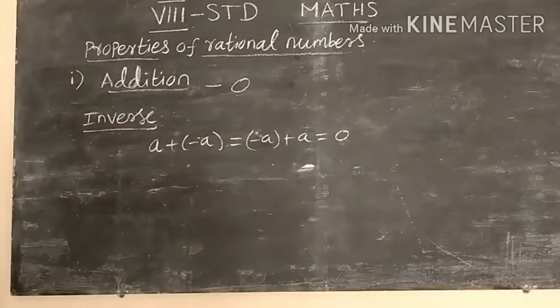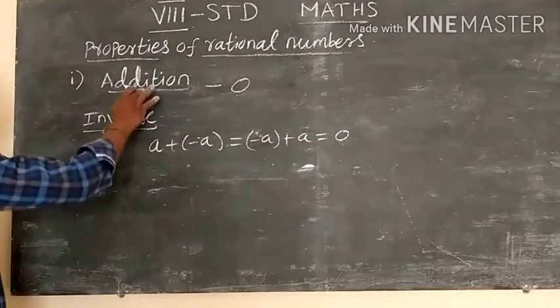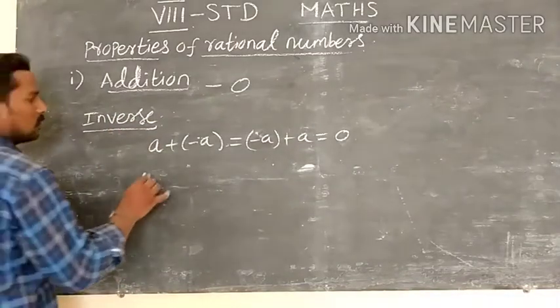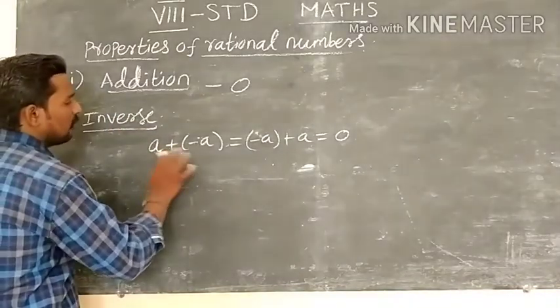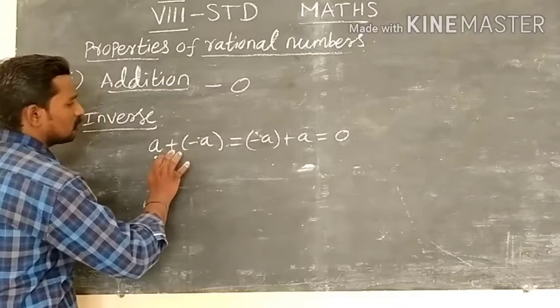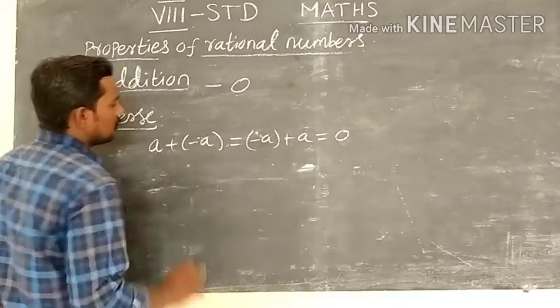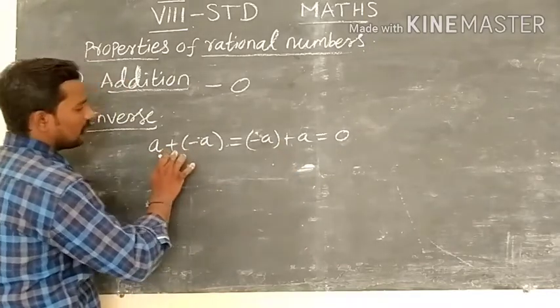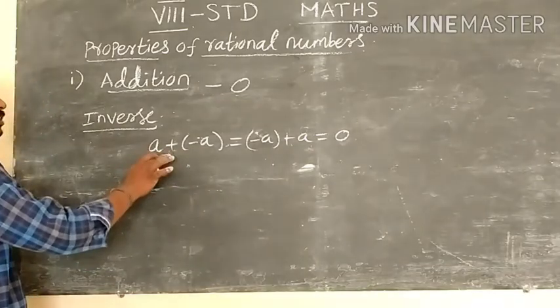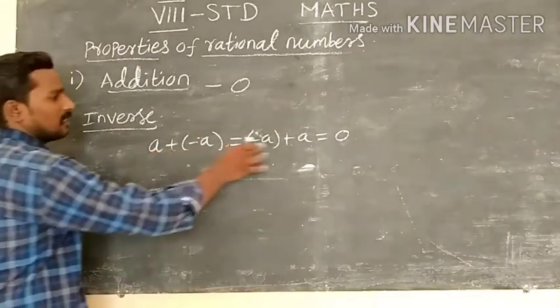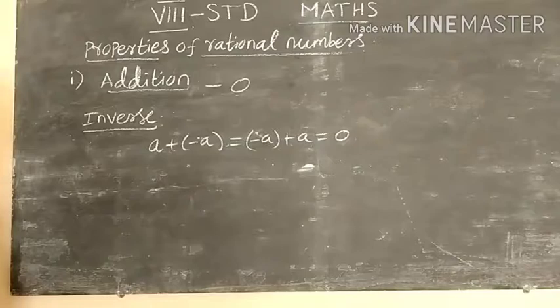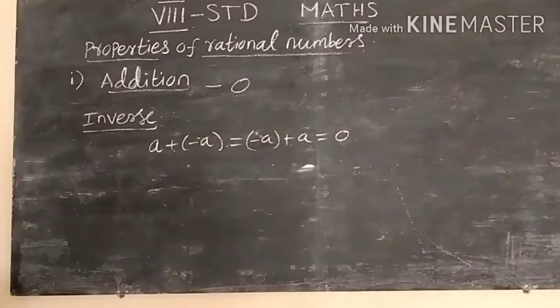This is your inverse property under addition. Addition means between the numbers only the symbol plus is used. Suppose it is subtraction, then here subtraction is used. That only changes, but the properties are the same.